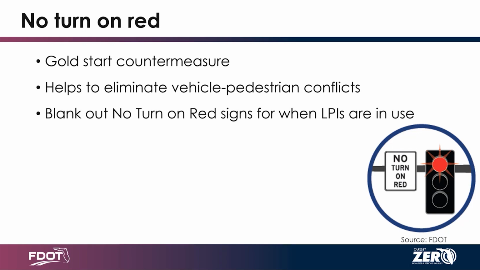When it says, like, no left turn, in this instance it would be no right turn for when the LPI or exclusive pedestrian phase is in use. That just reinforces to drivers that something special is going on, versus potentially just having a static sign.